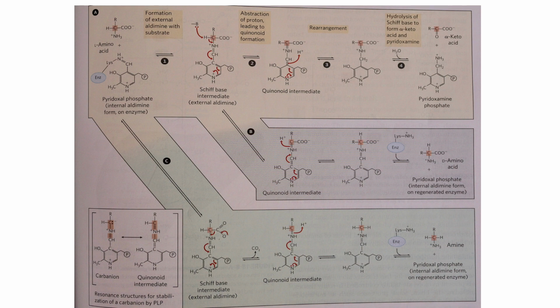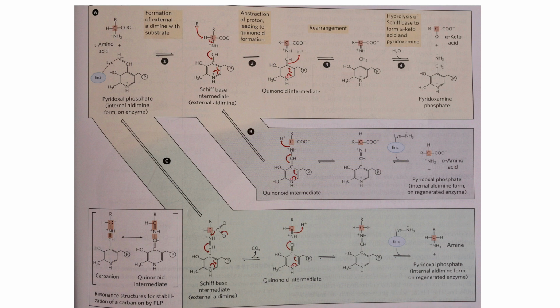And this is the means of action here. So you've got the amino acid in this case. You have pyridoxal phosphate, which is an internal aldimine form, and it's present on the enzyme. This is a vitamin, vitamin B6.